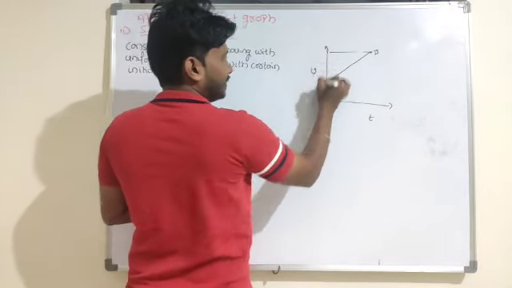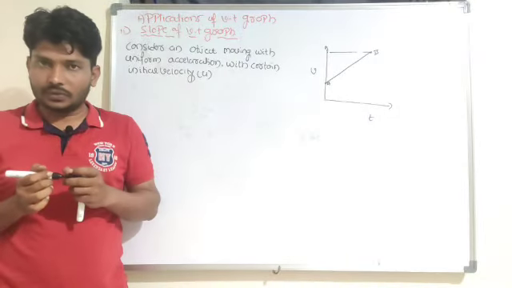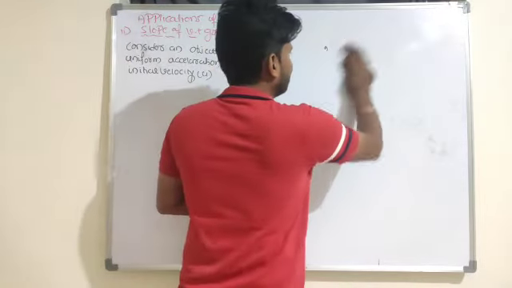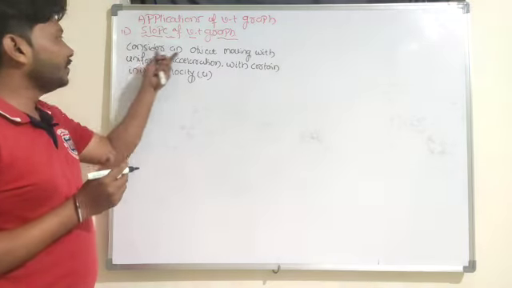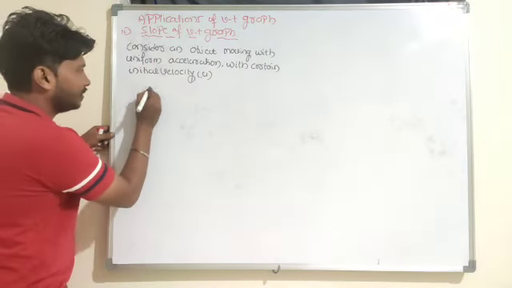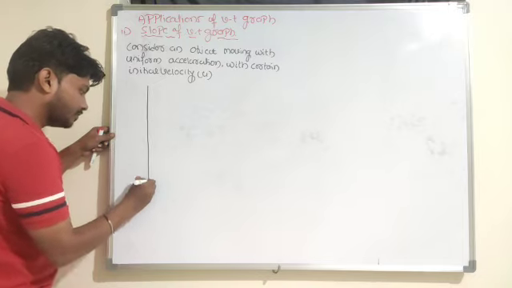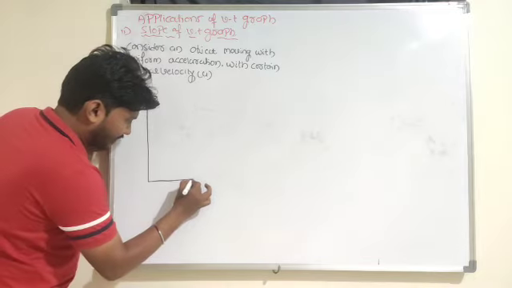The final velocity is greater than the initial velocity, which means the acceleration is positive. So let me draw a detailed diagram of the VT graph for uniform acceleration. This graph is very important, because from this graph we will derive the kinematic equations.